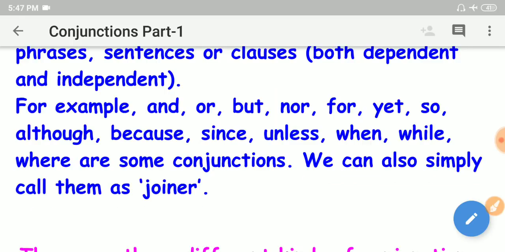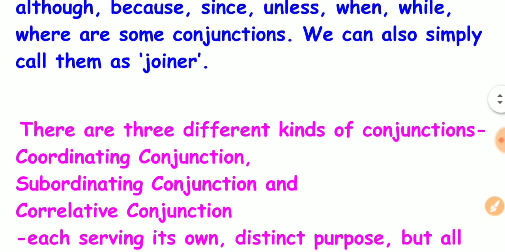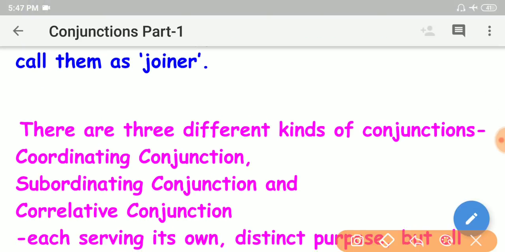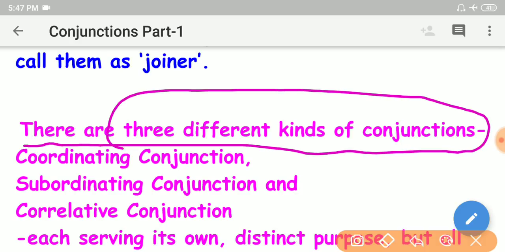So let us go and learn what are the types of conjunctions. My dear friends, there are three different kinds of conjunctions we have in English. So conjunctions are divided broadly into three different kinds. So what are they?